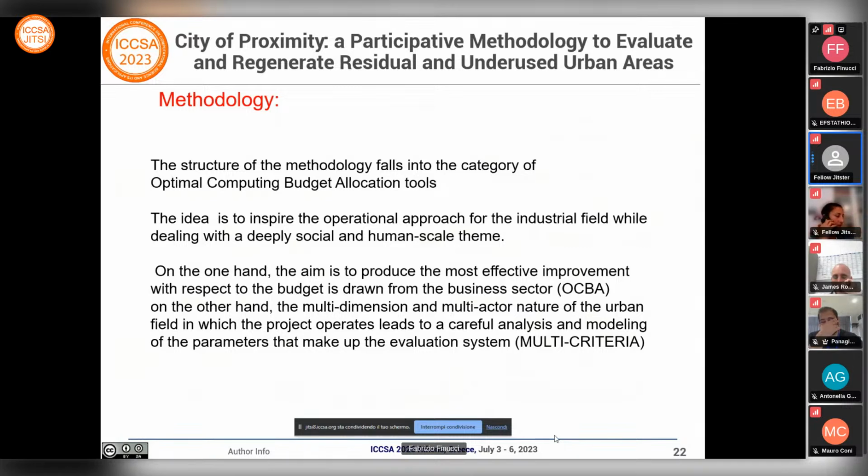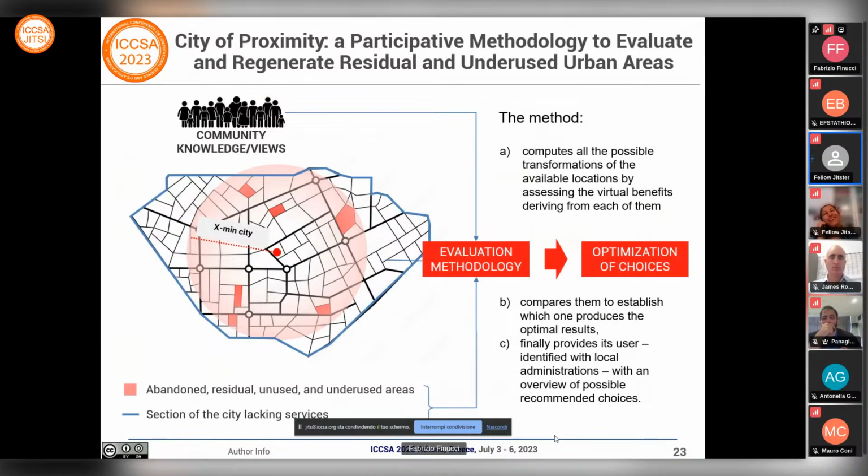They originated in industrial applications, but there are wide opportunities for expanding their use to other fields, as has already been carried out in the last years. The idea is to take inspiration from the operational approach of the industrial field while dealing with a deeply social and human scale theme.